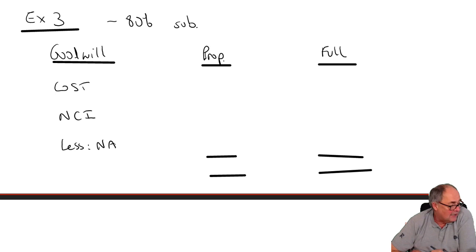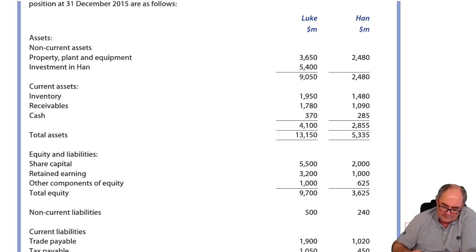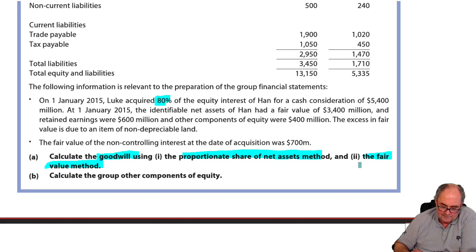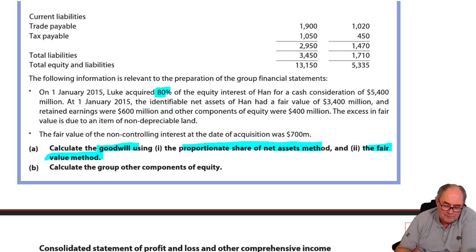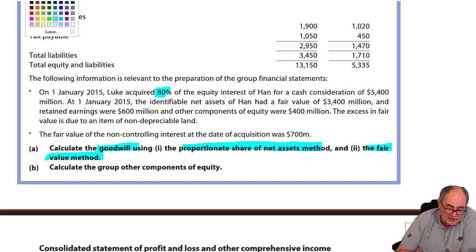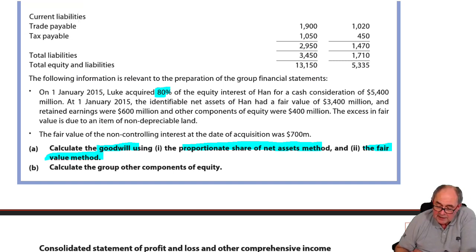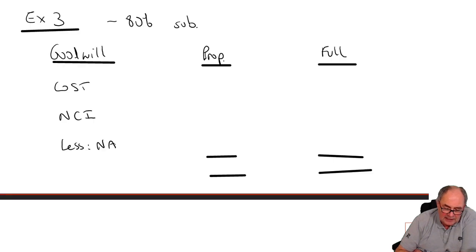So let's go back to the scenario and see if we can find the cost. There it is. I'll highlight these numbers in yellow. The cash consideration is 5,400. So that will be the same in both columns.